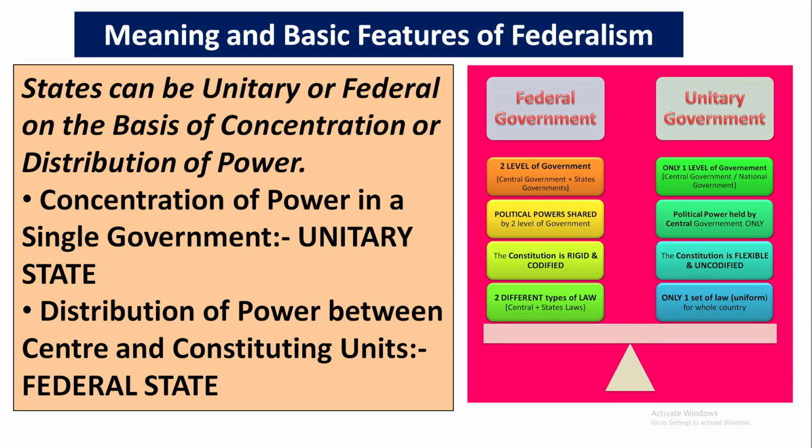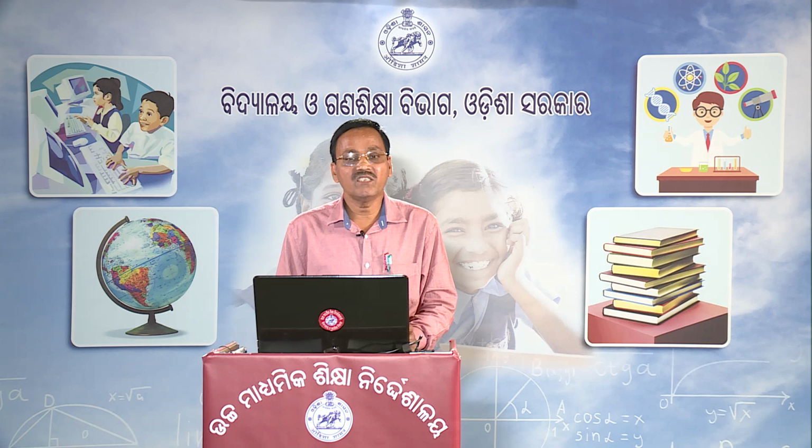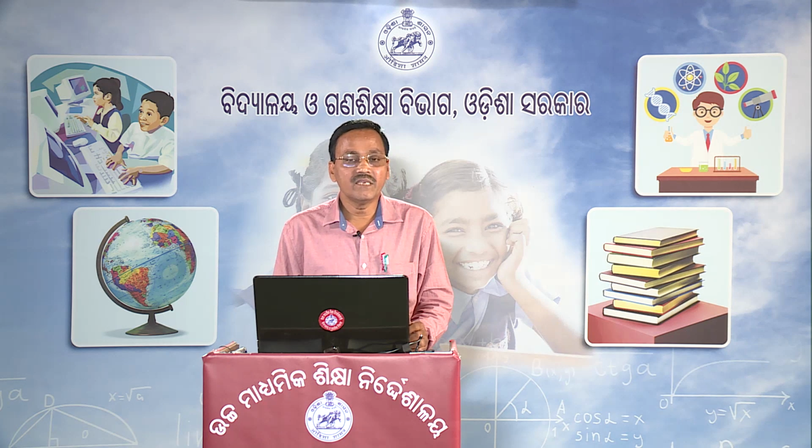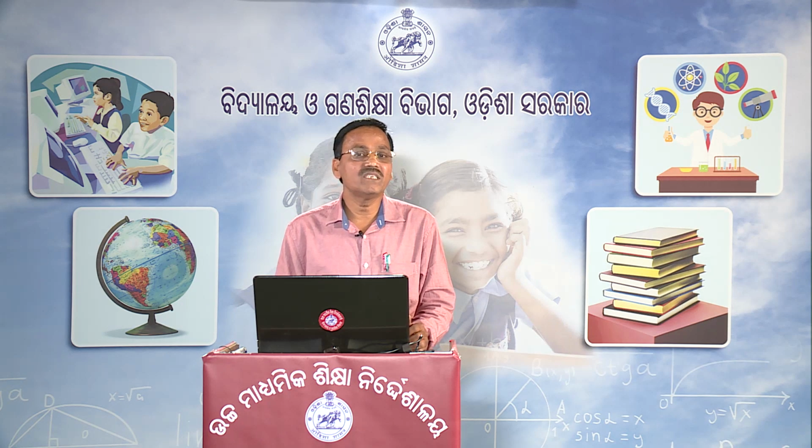It can increase, decrease or withdraw the powers of the states at any time. So there is no constitutional supremacy; the constitution is not supreme, and in a unitary form of government the parliament is supreme.